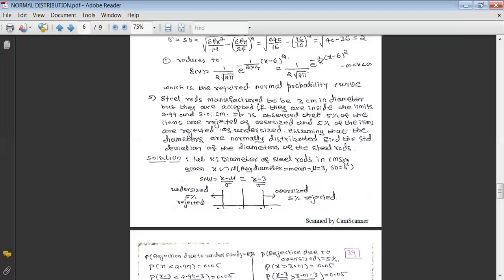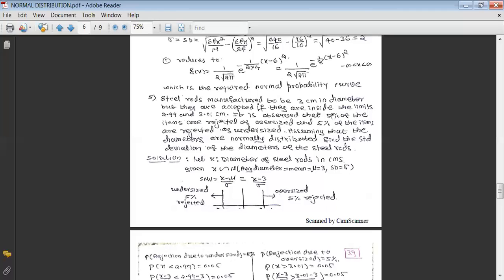They said the steel rods are manufactured to be 3 centimeters, which means the average diameter of the steel rods manufactured by a company must be 3 centimeters. That's why we have average diameter equal to mean, that is mu equal to 3, that is given, and standard deviation we have to compute. Let us take it as sigma.